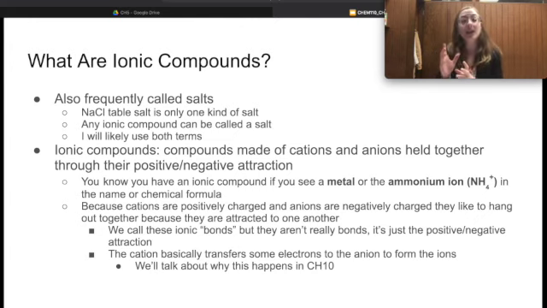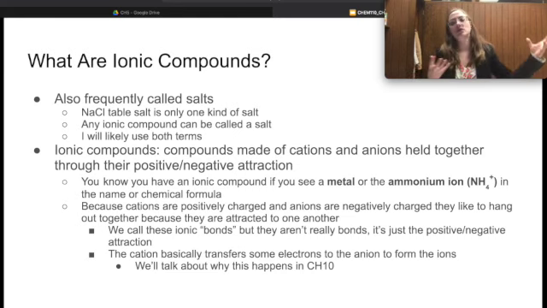Chemical bonds are really a sharing of electrons. That's why it's weird to call ionic bonds bonds, because the electrons are transferred from the cation to the anion to form the ion. We're going to talk about why this happens when we get to chapter 10 in unit 3, and what it means to be able to pull those electrons away.